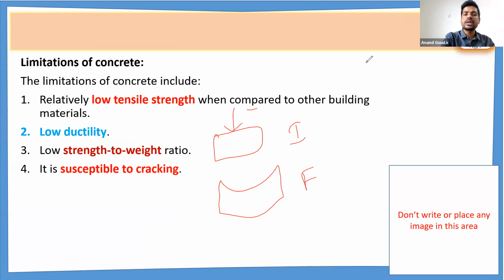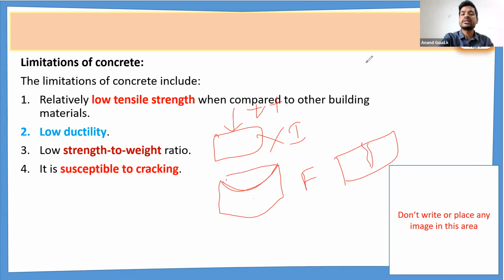This bending occurs only if the material has ductile property. Suppose the material does not have ductile property, then it is going to get cracks like this, without any deformation.